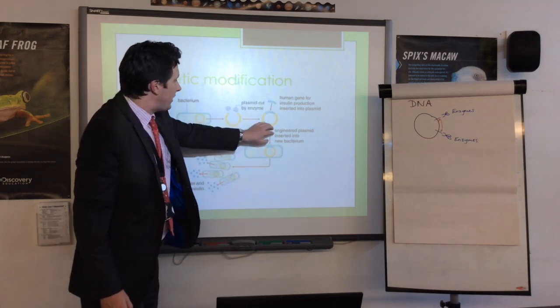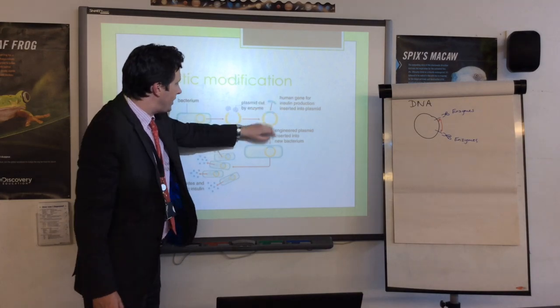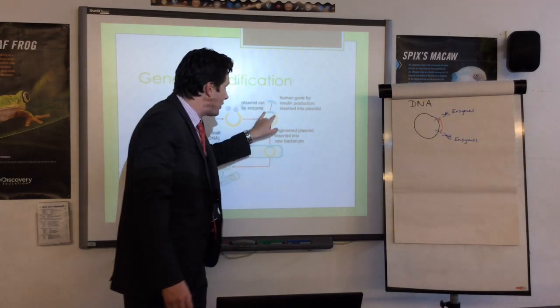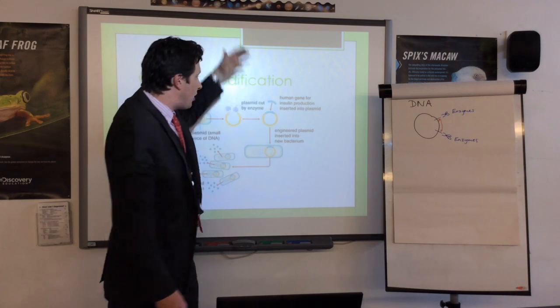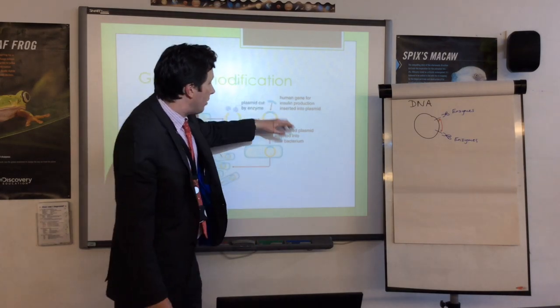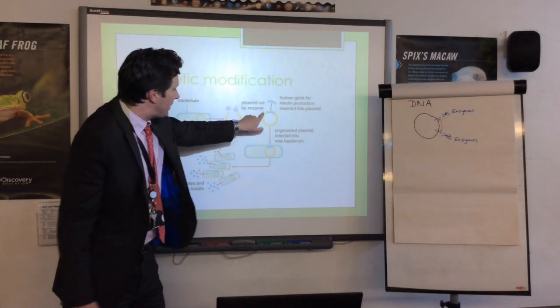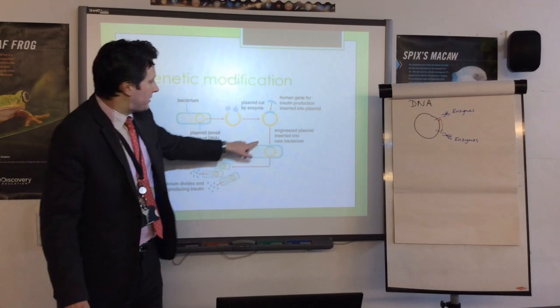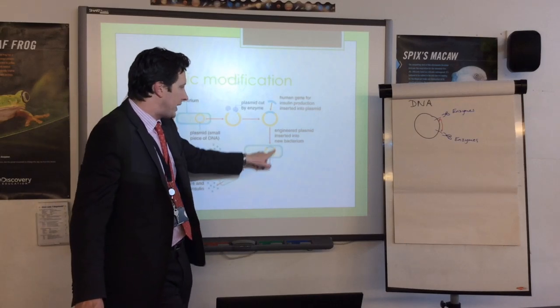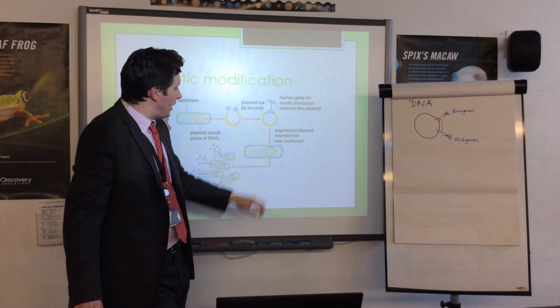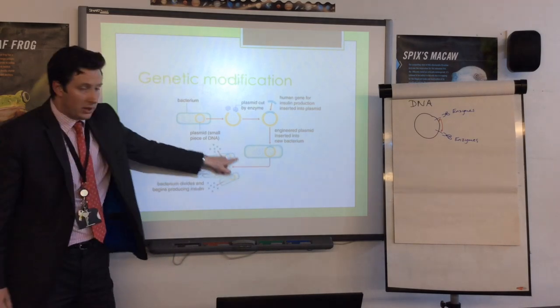So they would cut out that section of DNA using an enzyme, and then they would insert that gene that they've cut out of some human DNA using enzymes into the plasmid. That plasmid can then be inserted back into a bacterial cell. And then they can stimulate the bacterial cell to divide.